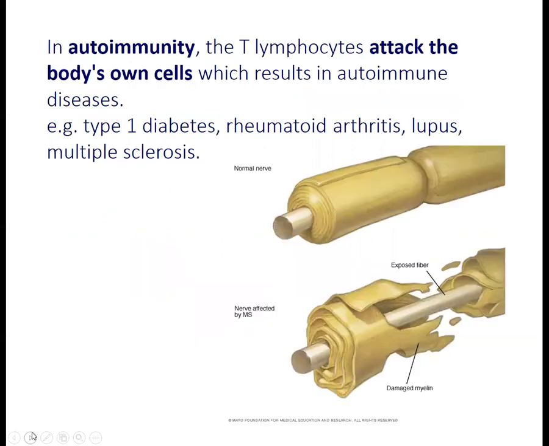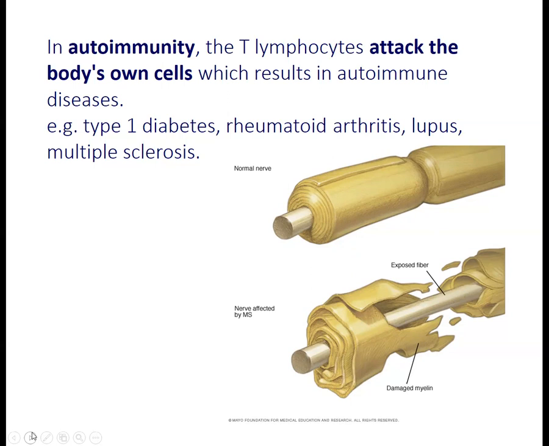But sometimes this can go wrong, and an autoimmune disease is when the T lymphocytes of the immune system begin to attack their own body's cells, even though they're not infected. There are a number of examples of types of autoimmune disease. The one that links to the diagram is multiple sclerosis.